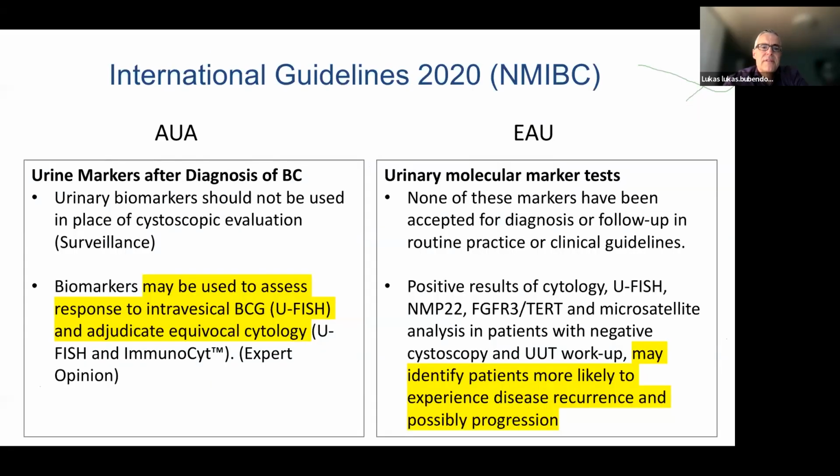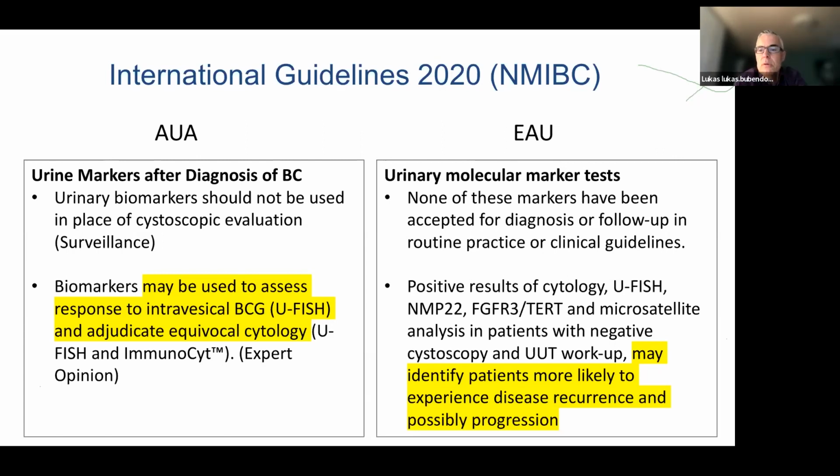That's the current state, the current recommendation of the two large associations, AUA and EAU. They recognize the potential benefit of some markers, especially in the field of response monitoring to intravesical BCG, where UroVysion FISH is especially mentioned, and in case of equivocal cytology, referring to the AUC categories.